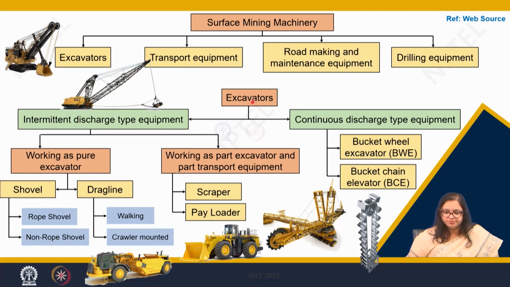Now coming to the continuous discharge type equipment, where the cutting teeth do the continuous excavating operation and it does not stop while it dumps onto a transport equipment. Here we have two kinds: one is a bucket wheel excavator, the other is the bucket chain elevator.